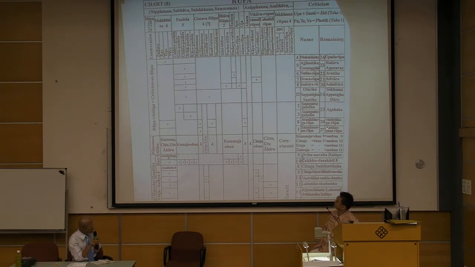That is also described here. We say the 18 Kamaja Rupa consists of 9 Kamaja Ekaja Rupa. Eka means ekaja, the same thing, produced by Kamma alone. And then 9 Kamaja Anekaja Rupa. So Anekaja means these 9 materialities are produced by the 4 causes.